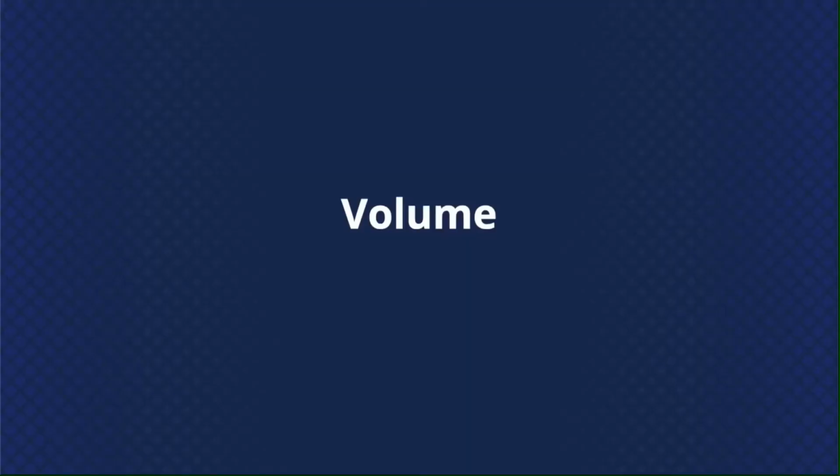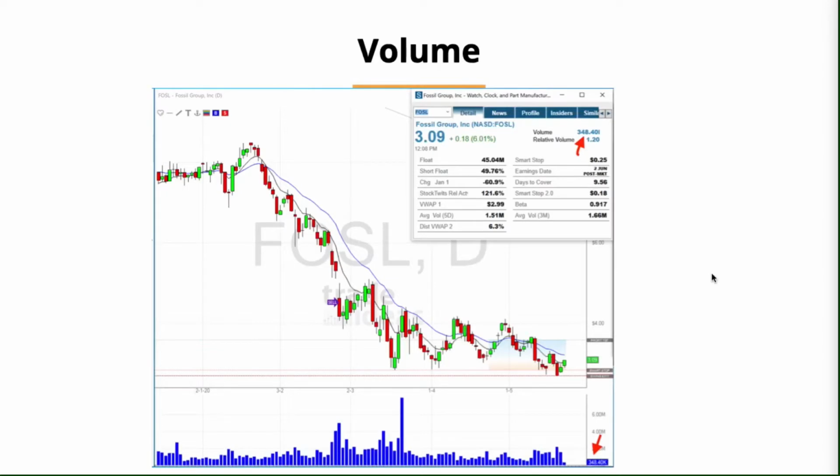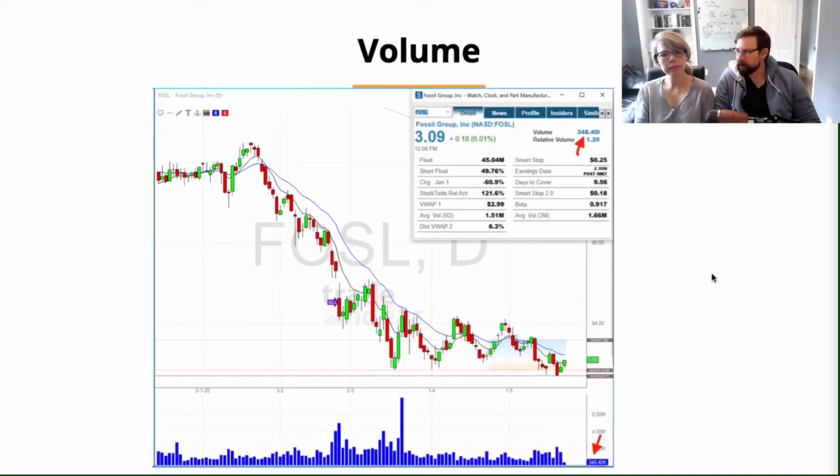So volume is essentially just a number that shows the amount of actual shares that changed hands today, right? So for example, I've got a chart here on Fossil, and you can see in Trade Ideas, we have that window that I keep saying is where all the raw data is. And you can see there it's got 348, that's 1,000 shares.